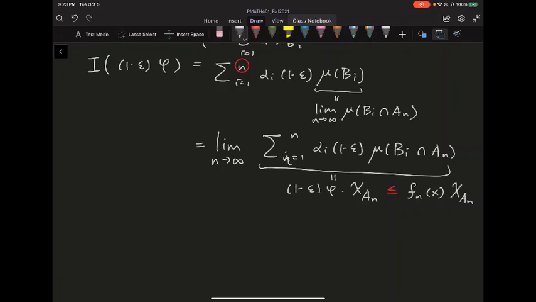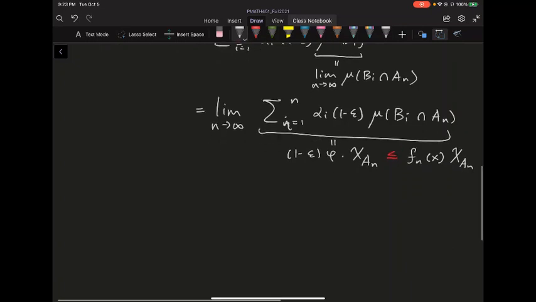So this will be less than or equal to, let's keep the limit here as n goes to infinity, the integral of fn of x chi of An d mu.